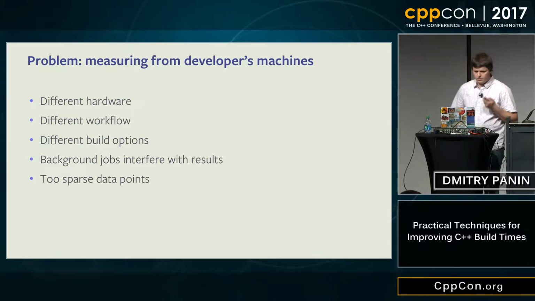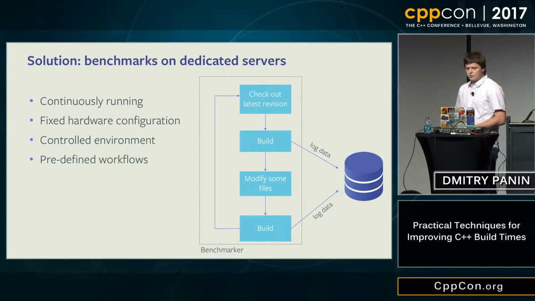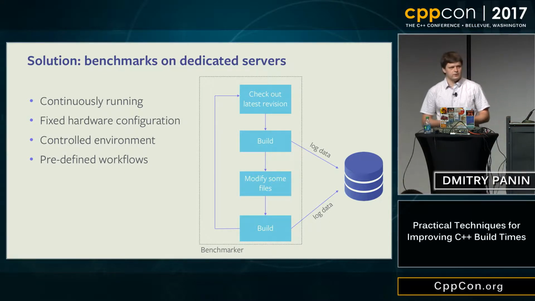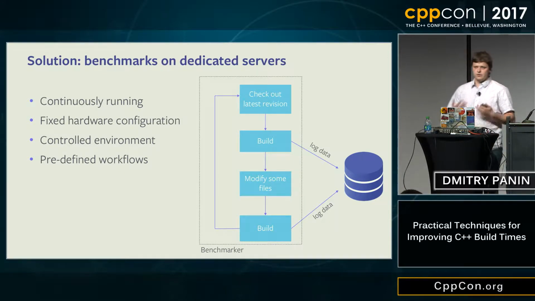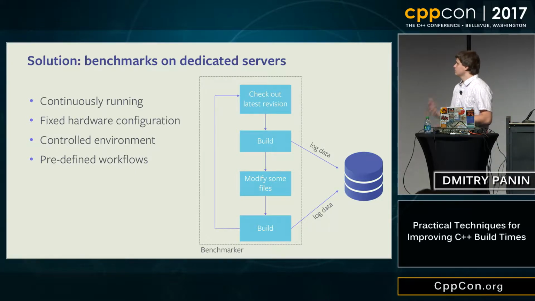So what did we do? We decided to build separate jobs and deploy them to separate servers. They run continuously: they check the latest revision, build it, modify some files, build again, log to a database, and over and over again, tirelessly trying to get some good data points.